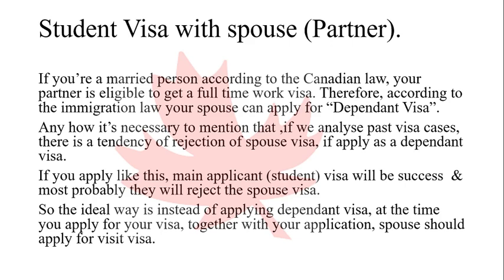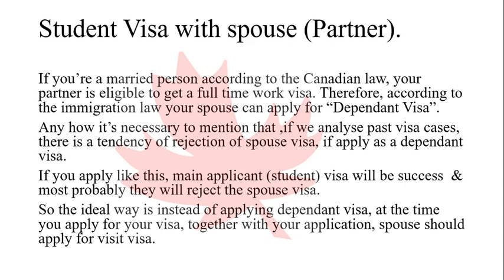Keep in mind, I'm not saying that it is impossible to get a dependent visa. I even saw some couples who applied and got dependent visas successfully. But remember, it's very rare. The majority will be rejected. So if you apply like this, the main applicant's student visa will be a success, and most probably they will reject the spouse visa.